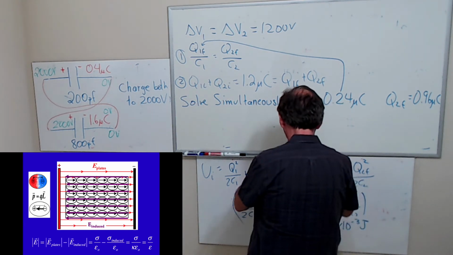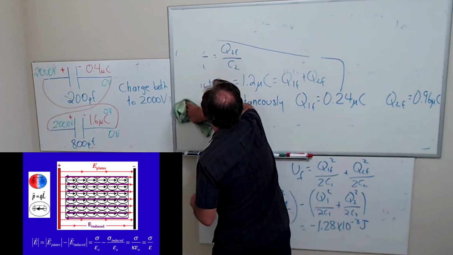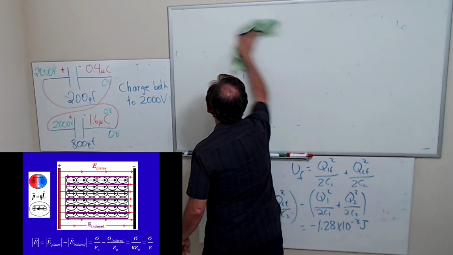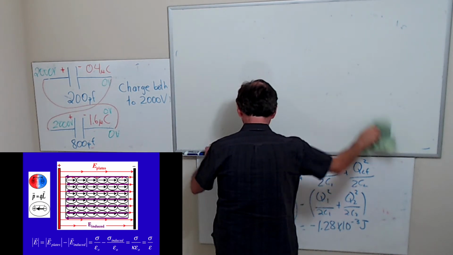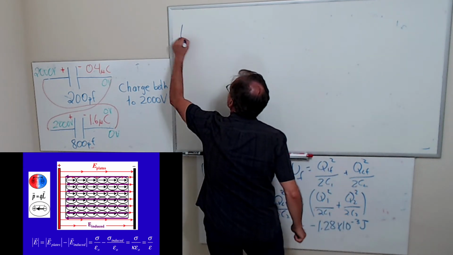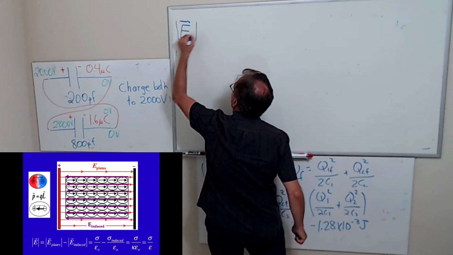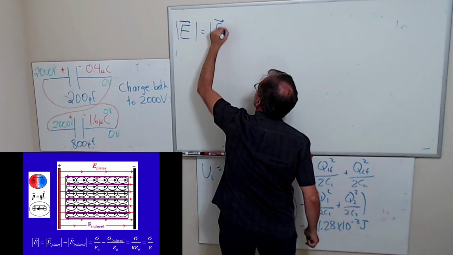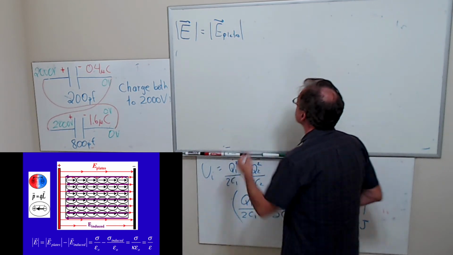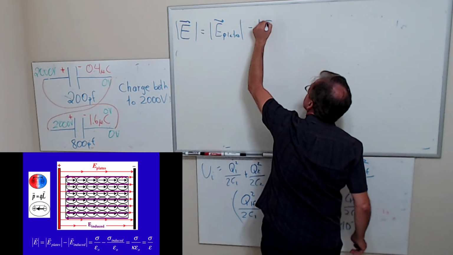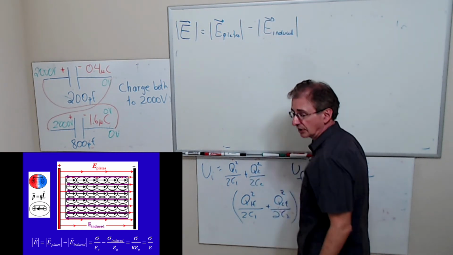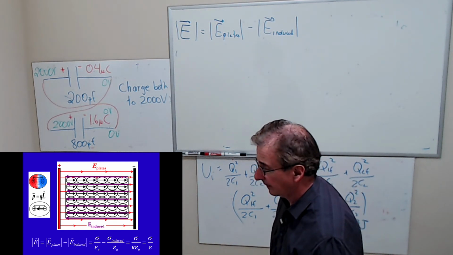So the field between the plates, the total field E, and again I'm working with the magnitude here, is going to be E between the plates, the E created by the two plates, minus the electric field that's induced because all those dipoles are oriented in that particular direction.